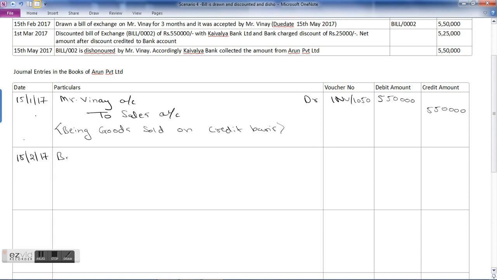So bills receivable account debit to Mr. Vinay account. JV number, let's put it as 1. Amount is 5,50,000.